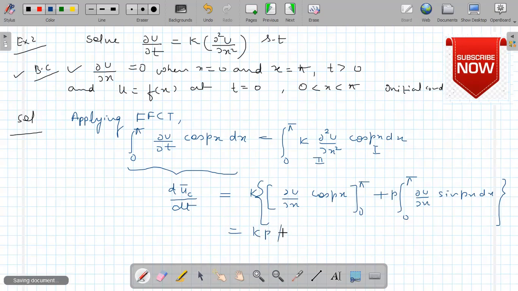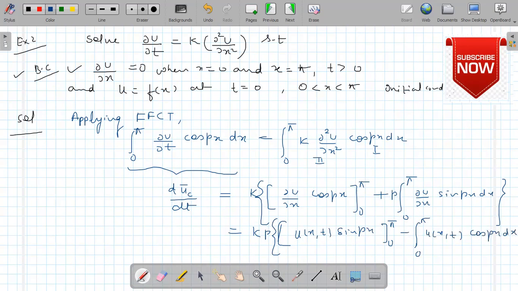Kp, again we integrate this by parts: u(x, t) sine of px from 0 to pi, minus integral u(x, t) cos px dx.